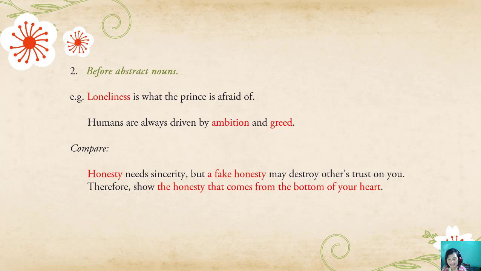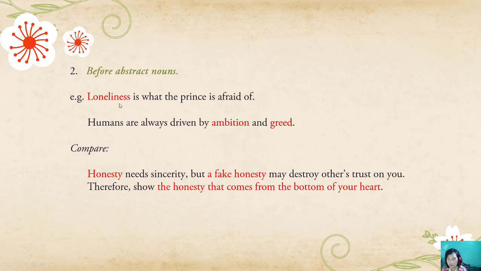Honesty needs sincerity, but a fake honesty may destroy others' trust on you. Therefore, show the honesty that comes from the bottom of your heart. So this is different when it functions as the general one, honesty, the same as this one.